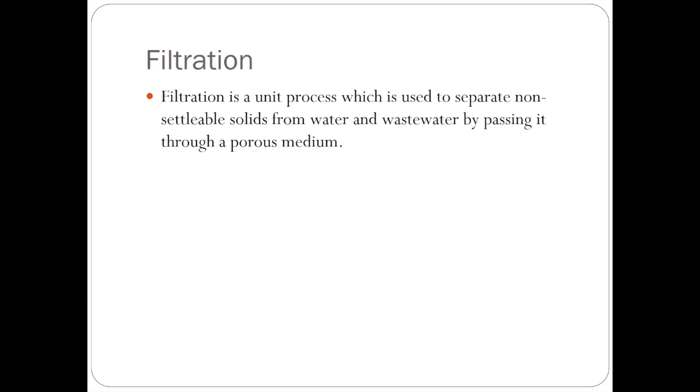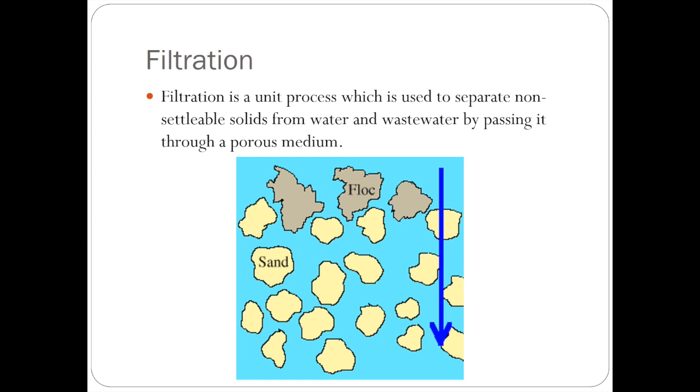Filtration is a process used to separate non-settleable solids from water and wastewater by passing it through a porous medium. This image shows us an example of a filter medium, sand. As the water passes through the sand, suspended particles called flock remain at the surface because they are too large to pass between the grains of sand.